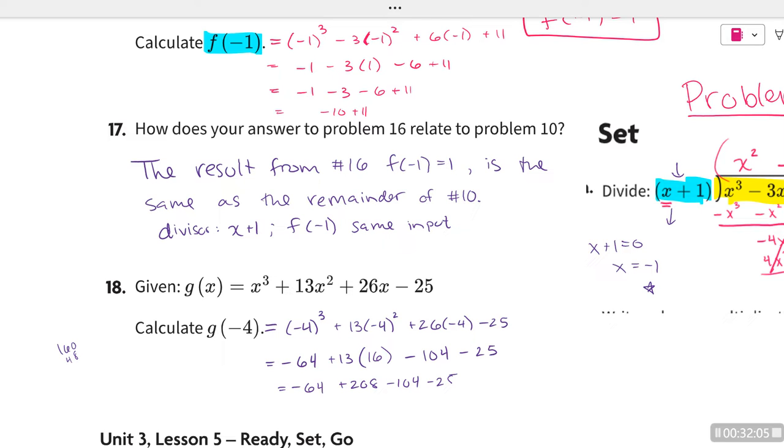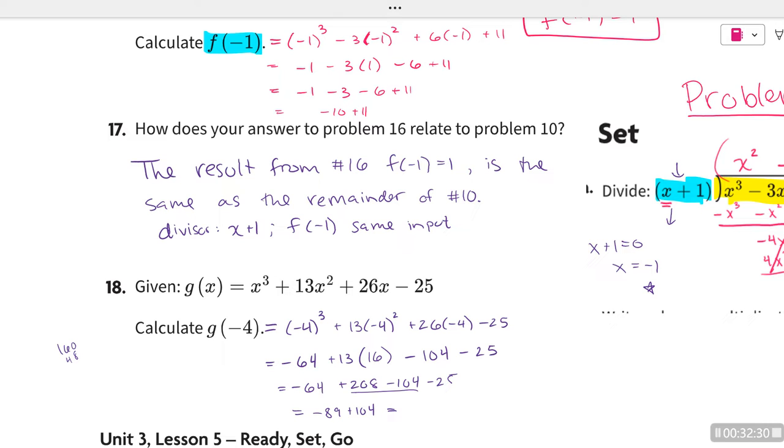So you can add it all together if you want, but one thing I notice right away is 104 is half of 208. So I'm going to combine those two, and let's combine negative 64 and negative 25. So that gives me negative 89 plus 104. You can do this in whatever order you want, though.